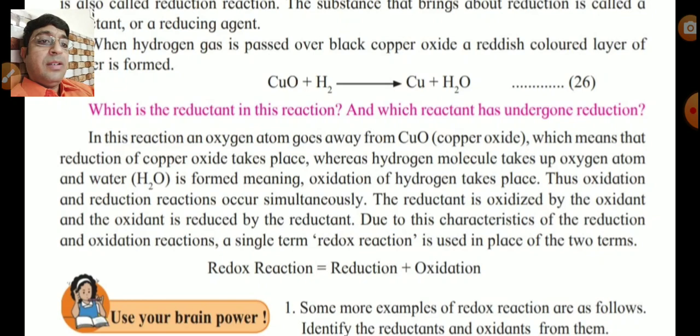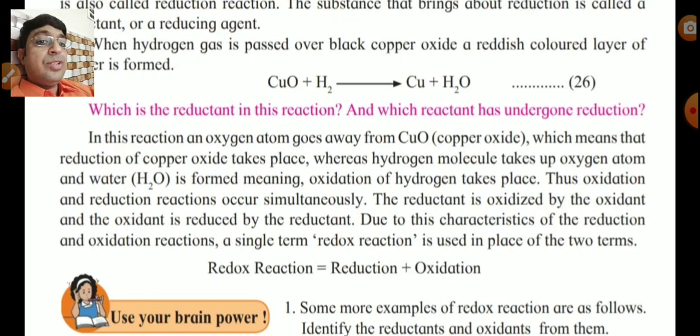You underline. Whereas the hydrogen molecule takes up the oxygen atom and forms water, meaning oxidation of hydrogen takes place. So loss of oxygen from copper, so reduction, and addition of oxygen in hydrogen, so oxidation also takes place.